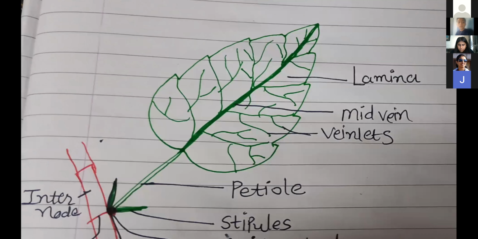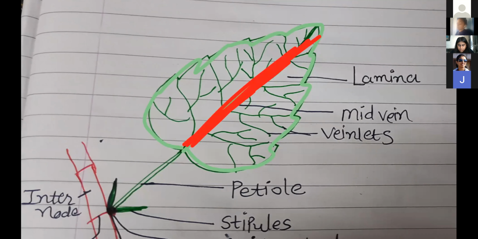The third part of the leaf we call lamina, or the leaf blade. It is greenish in color, as you know, a flattened, expanded part of the leaf, in which this is the main vein, which is thick compared to the others.